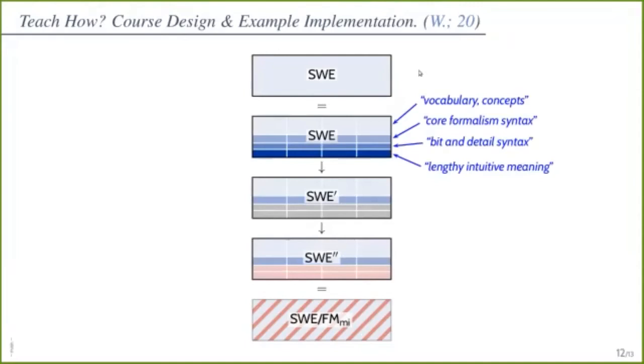If we zoom in a bit and assume, for example, 4 topic areas like requirements, design, testing, and so on, then the content per topic area is typically vocabulary and concepts, then lots of formalisms that are introduced in an at best semi-formal way, but often to the extent of quite some bit and detail, plus then a lengthy explanation of intuitive meanings.